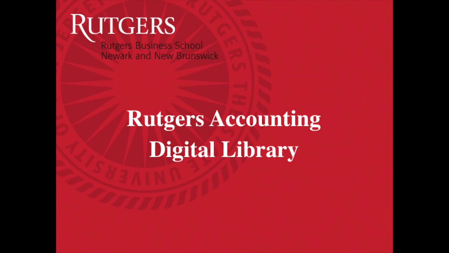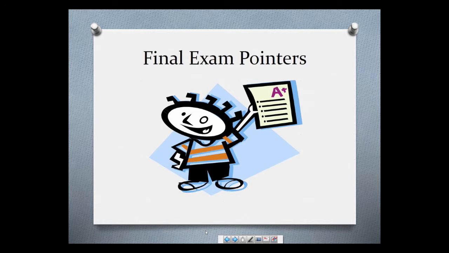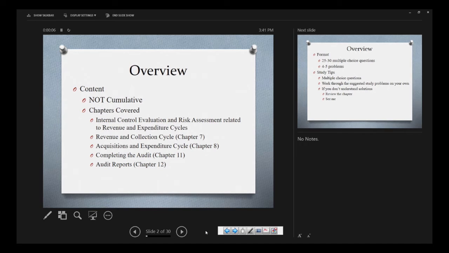Okay, so the chapters. As I said, it's not cumulative, with an asterisk, because I will be testing, and I'll talk about this in more detail as I go through each of the chapters, you're going to have to know assertions, obviously, and you're going to have to know controls, so control activities.